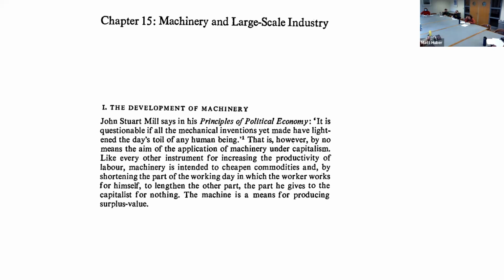So from the start, he's bringing up this relationship between machinery and labor, and as we'll get into, automation and lightening labor and so forth.